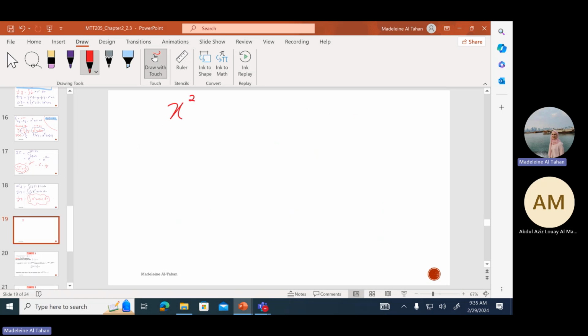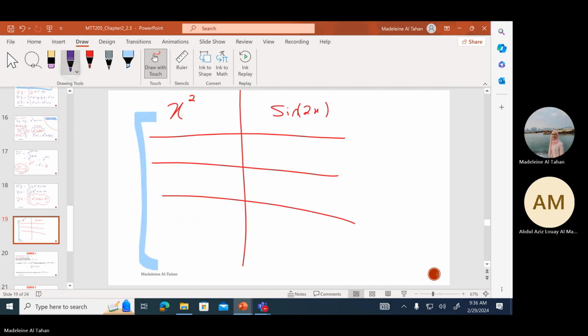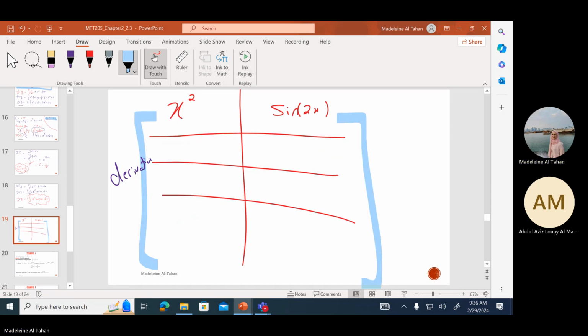So here we put x squared, and here what do we put? Sine 2x. We fill the table. This part is derivative, and this part that is here is antiderivative or integration.